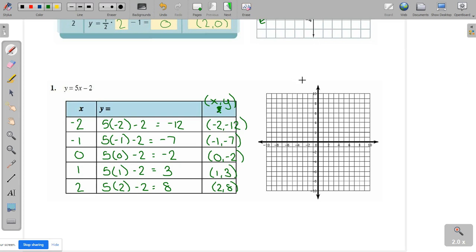So let's graph it. The first one we have -2, -12, which is off the graph. So we do not need to worry about that one right now. We can probably get the rest of them onto the sheet. Then we have -1, -7, 0, -2, 1, 3, and 2, 8.